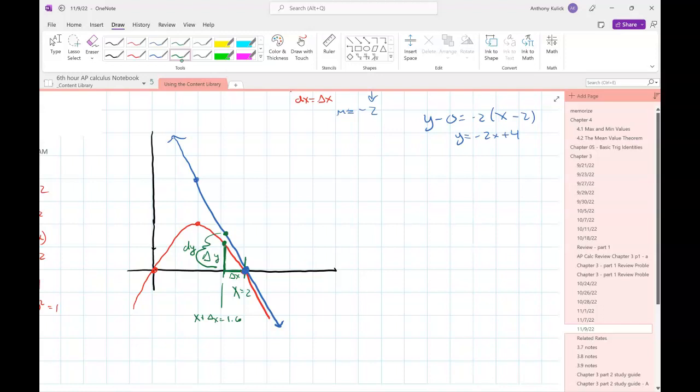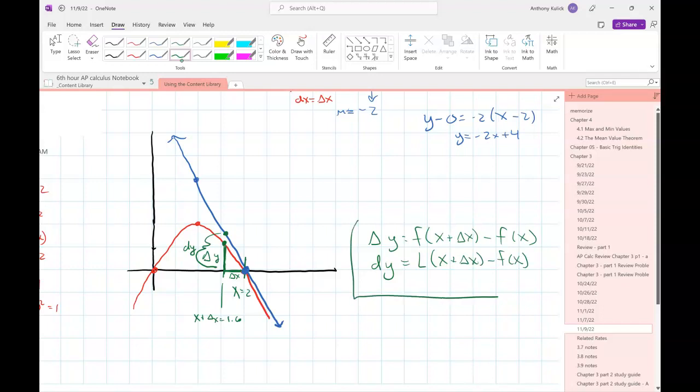So that's the difference between f of x and my linearization, right? So kind of in general, that's what we're saying as far as labeling the parts for our picture.